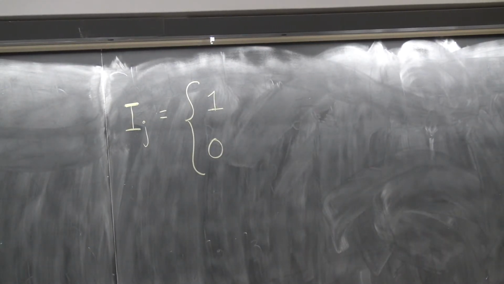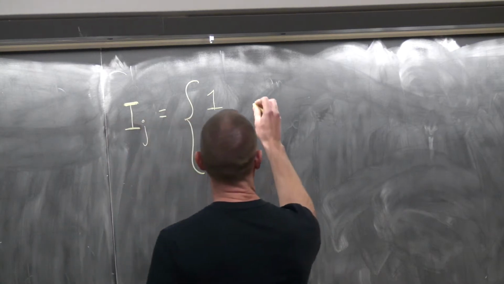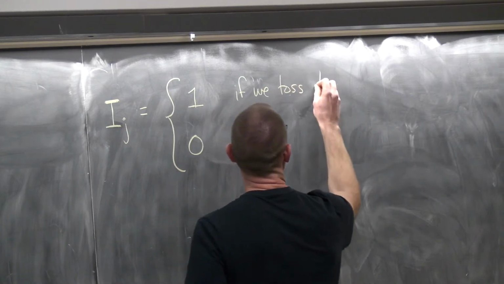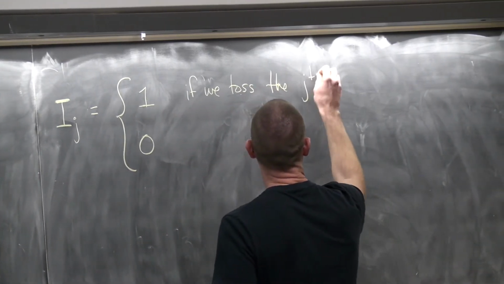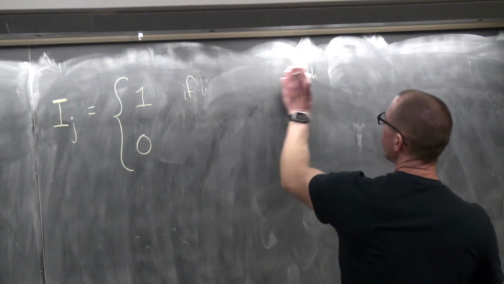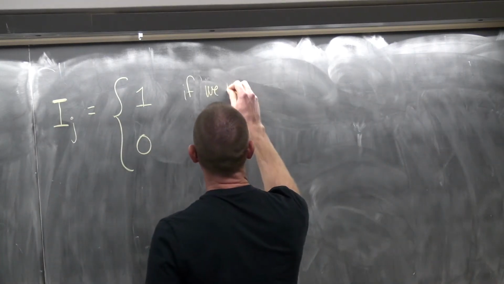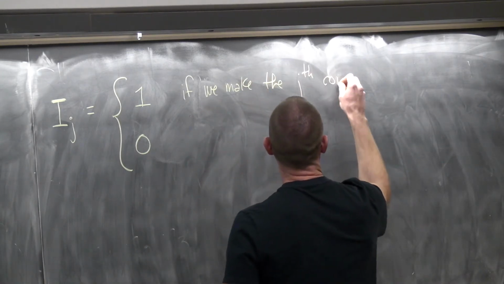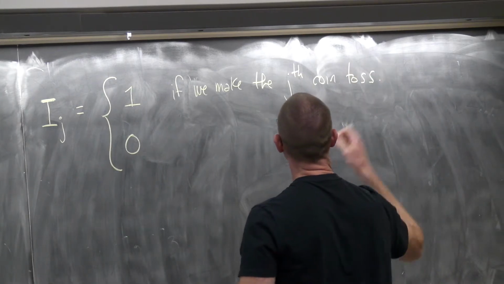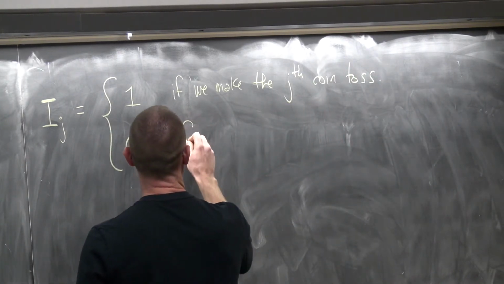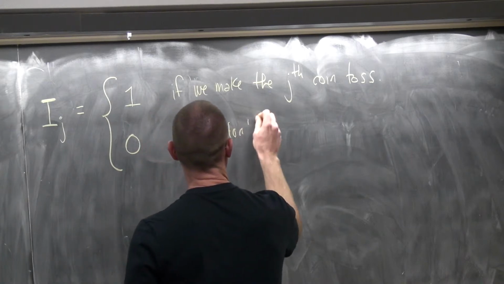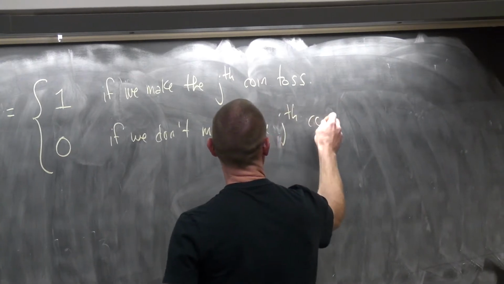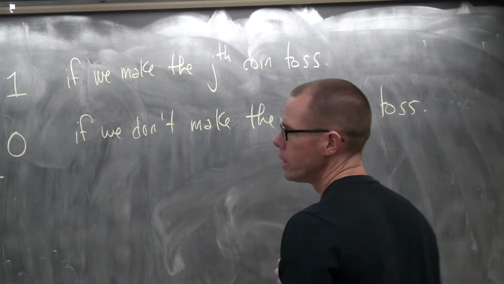It takes on the value 1 if we make the jth coin toss, and it comes up 0 if we don't make the jth coin toss.